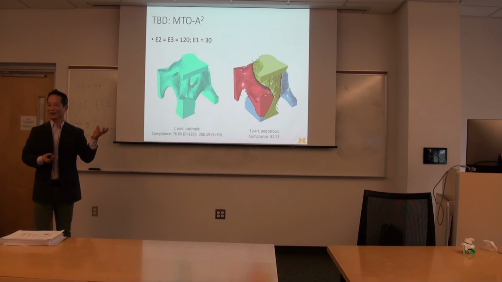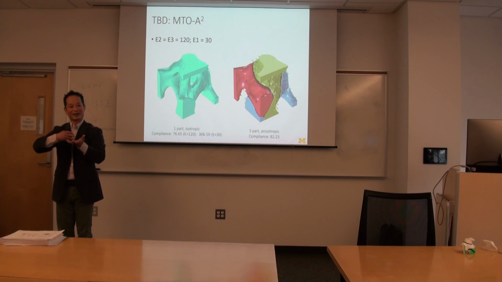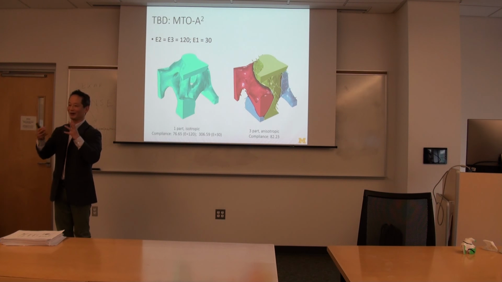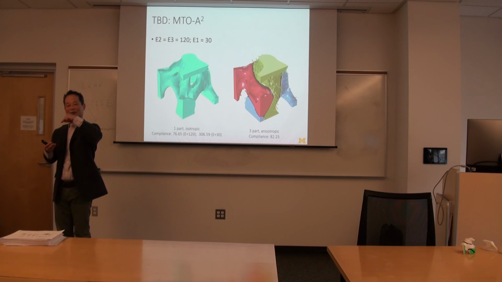So in short, in addition to considering the isotropic properties, because we have knowledge of the view direction when figuring out the manufacturing constraint and undercuts, we apply that direction to impose this anisotropic material property.